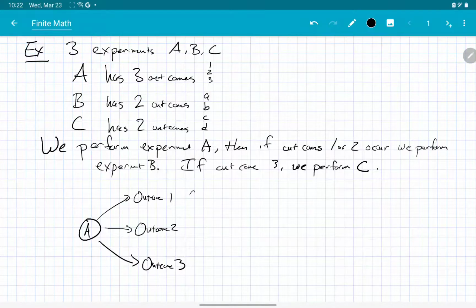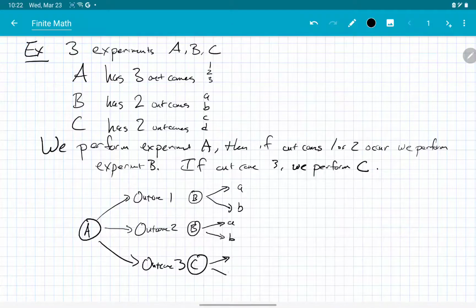After outcome 1, we will perform experiment B, and then we can have either A or B occur, because A and B are the 2 outcomes for experiment B. If outcome 2 occurs with A, we perform B again. And if outcome 3 occurs, instead of performing A or B, we perform C.